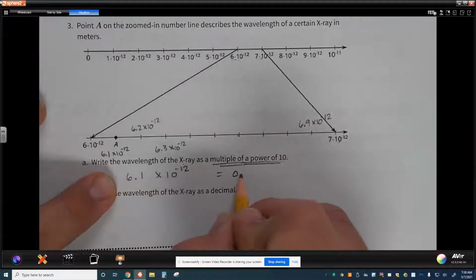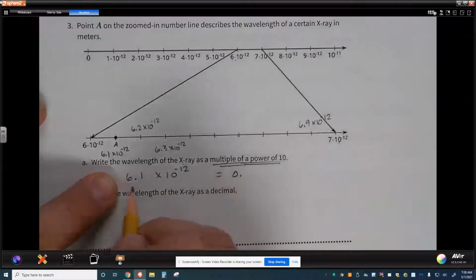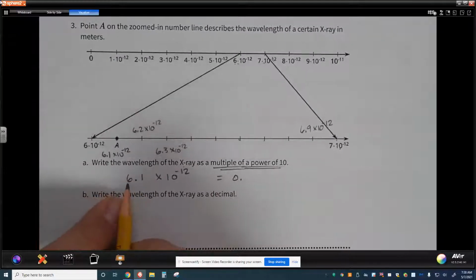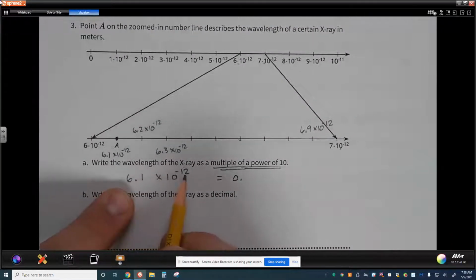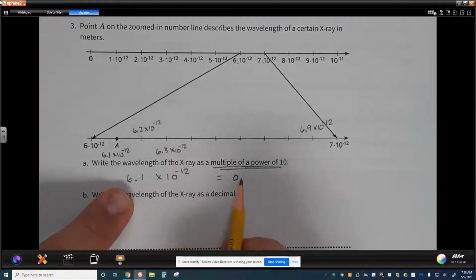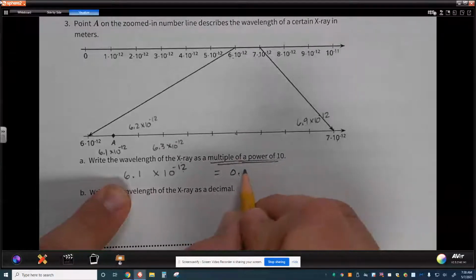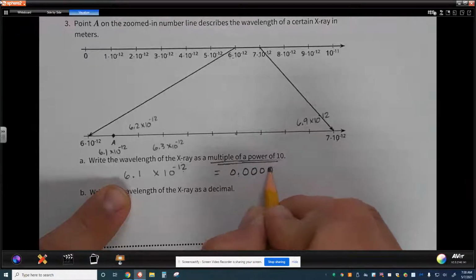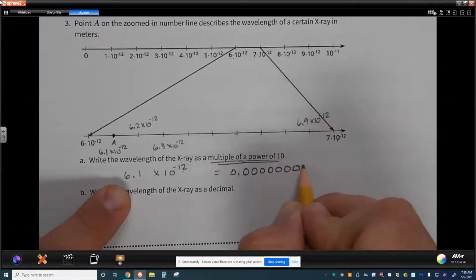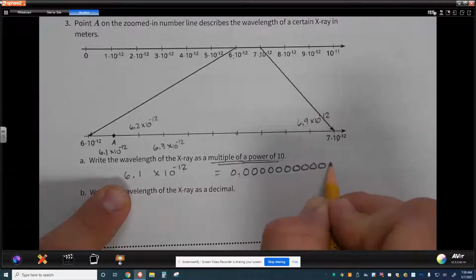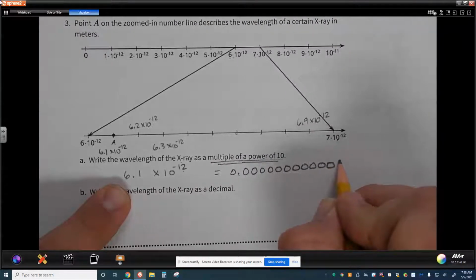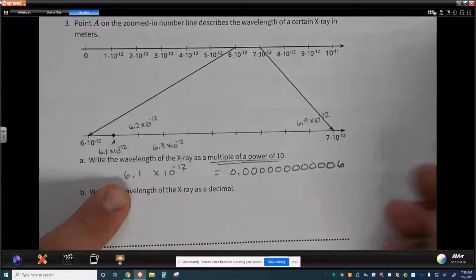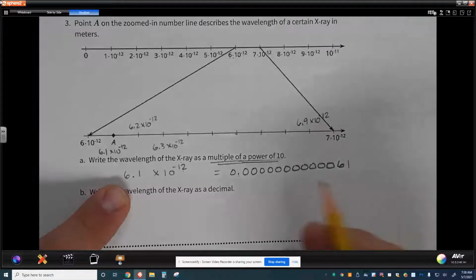I would start with 0, and then I count my place values until I get to the 6. This 6 would be the 12th place value after the decimal. So here is times 1/10, 2, 3, 4, 5, 6, 7, 8, 9, 10, 11, 12, and then 1.